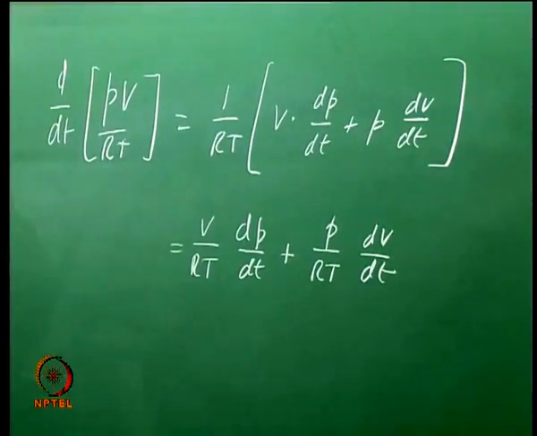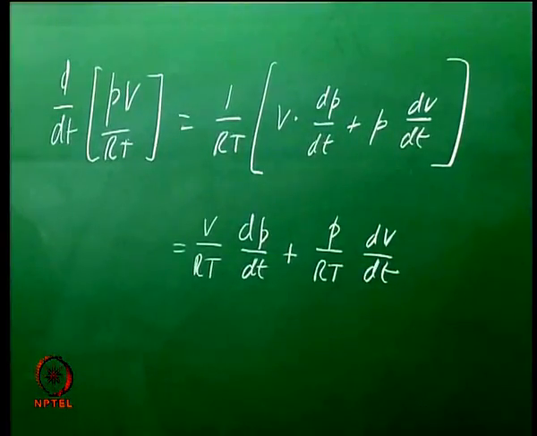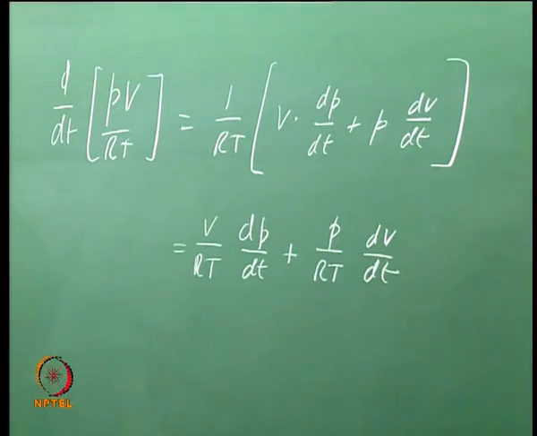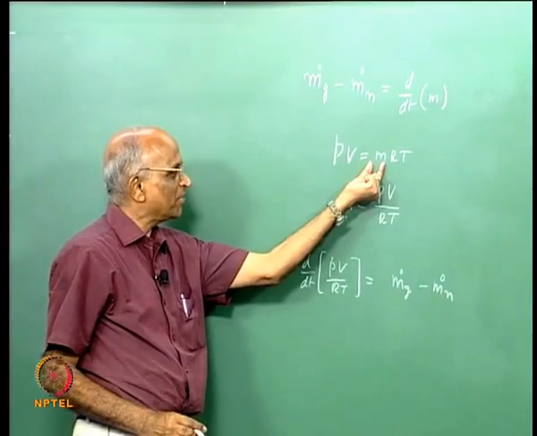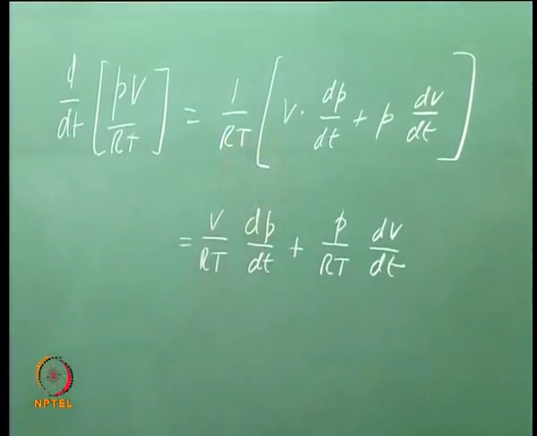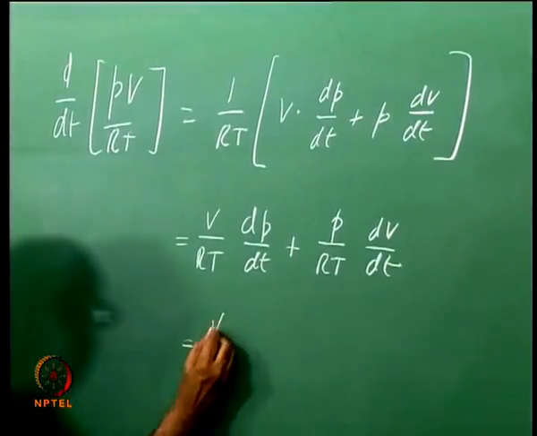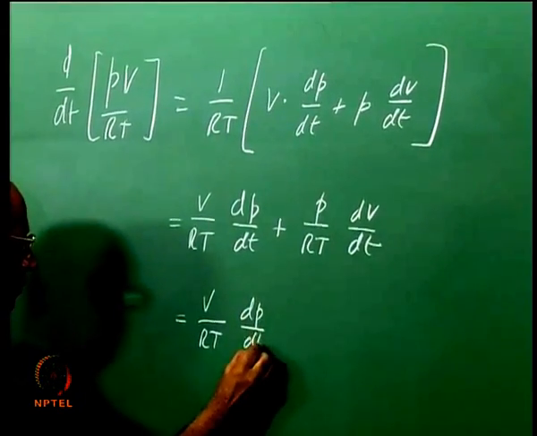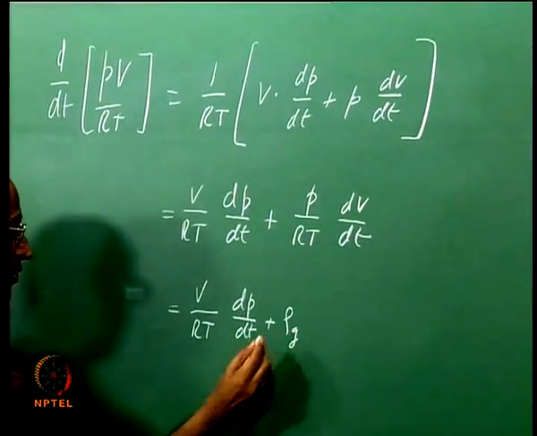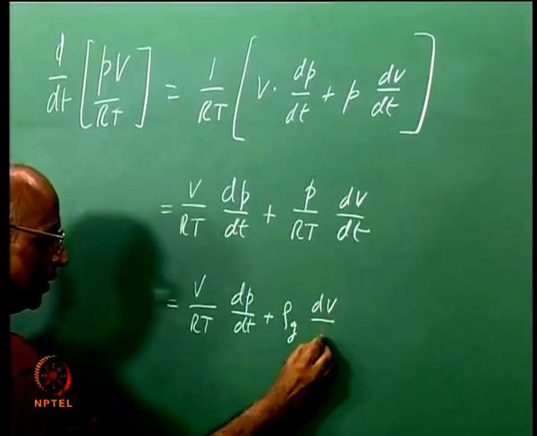What is P by RT equal to? Let us take a look at the gas equation. PV is equal to mRT, so PV by RT is equal to mass by volume, which is the gas density. I can write this as V by RT into dP by dt plus the density of the gases into dV by dt.